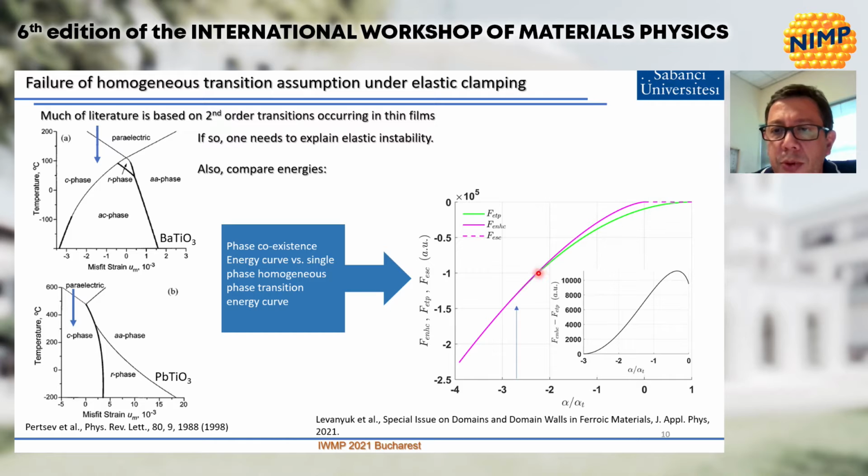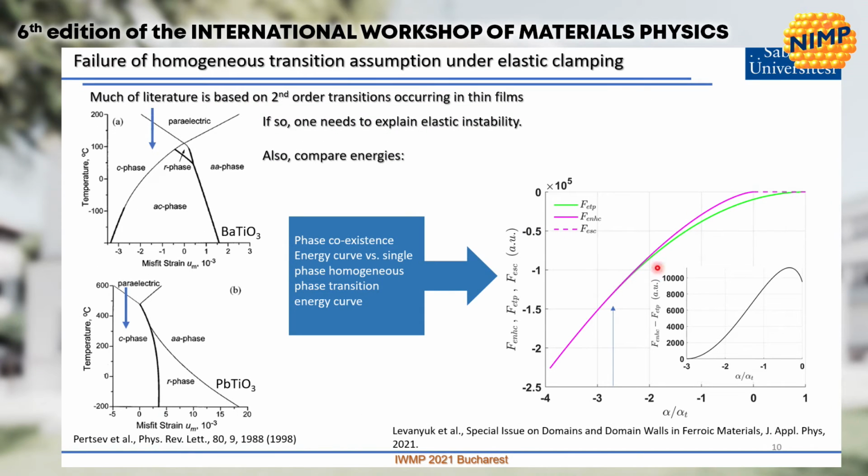And we were able to find that the phase coexistence curve corresponds to lower energies, which means that when you're coming from a high temperature like this, the green curve is the first curve that you're going to meet. So a second order transition always occurs when this alpha value is at 0.